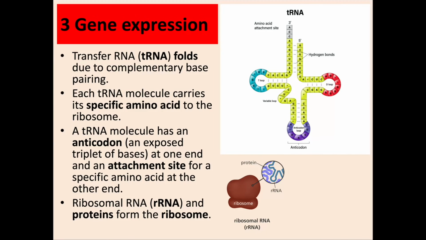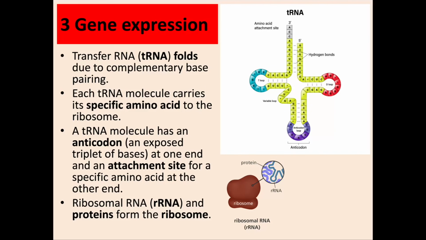If you are given a diagram and it says something like, identify which of these molecules is tRNA, look for the one that looks a bit like a T. If you draw a line straight down the middle and across, it's almost like a T. The reason it's got that T shape is because of this folding that happens. It folds into that shape due to, and you can see the little hydrogen bonds there, the complementary base pairing within the tRNA molecule.